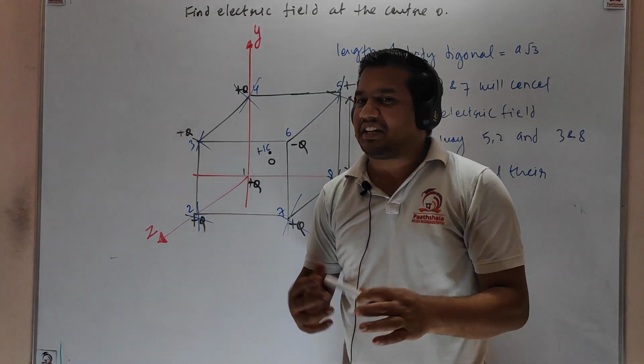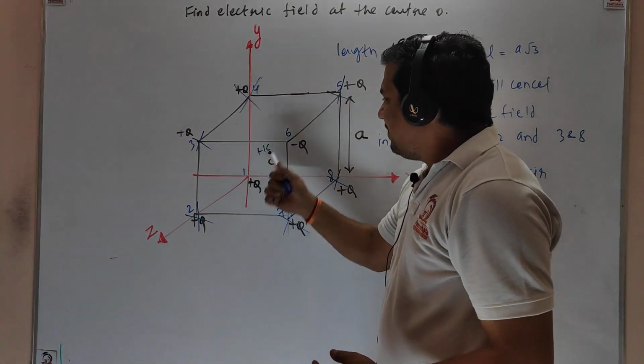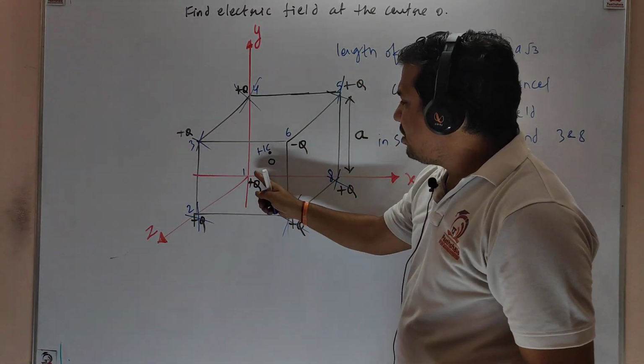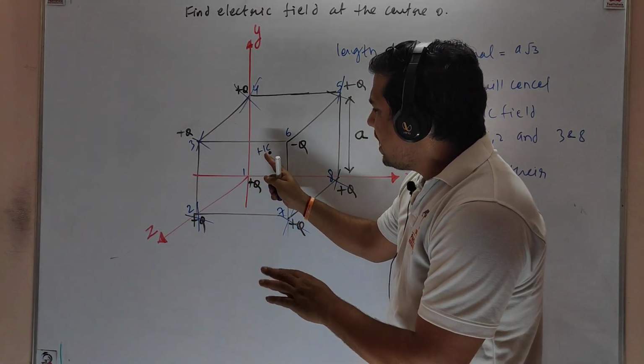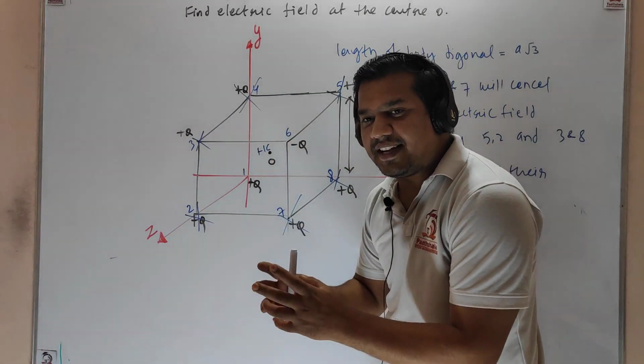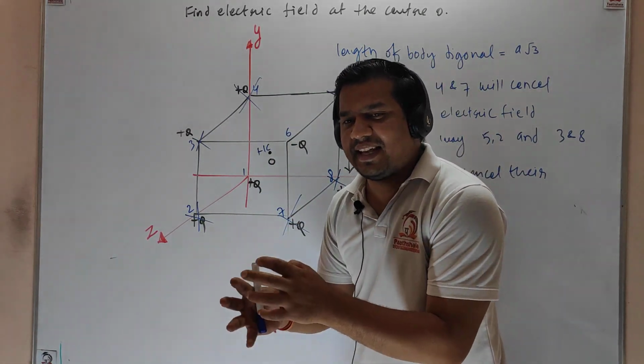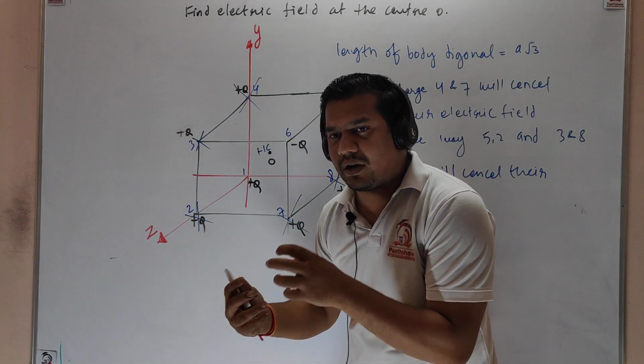will not cancel their electric field. In fact, their electric field will get added, because 1 is repelling the +1 charge along the direction toward 6, and 6 is attracting the +1 coulomb along itself, right?